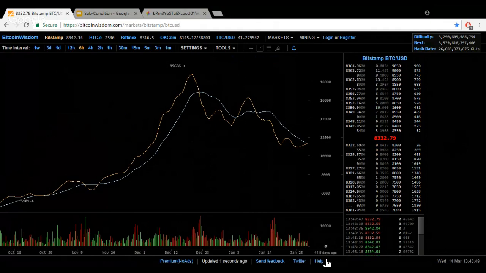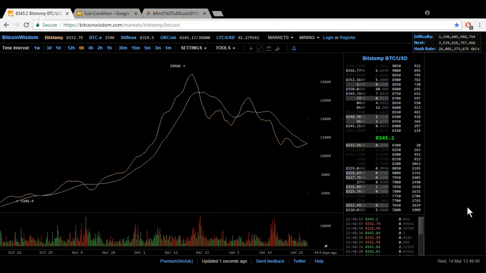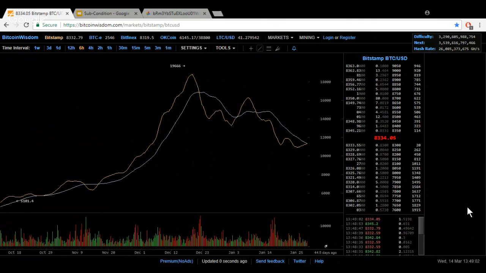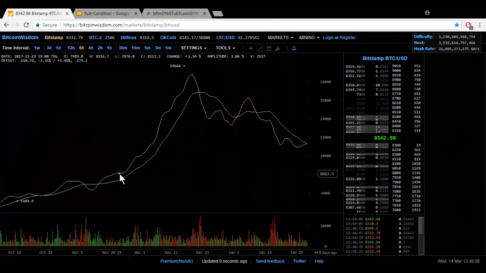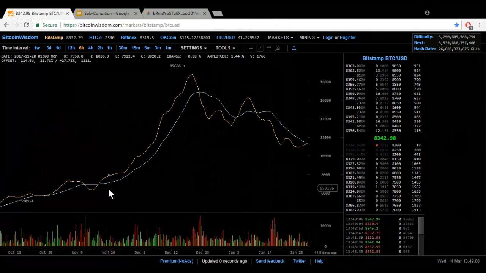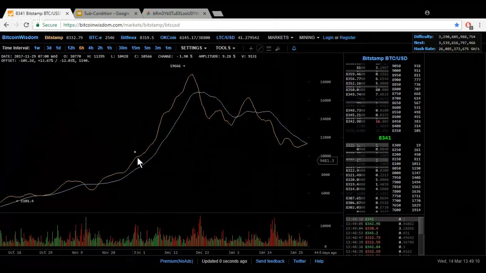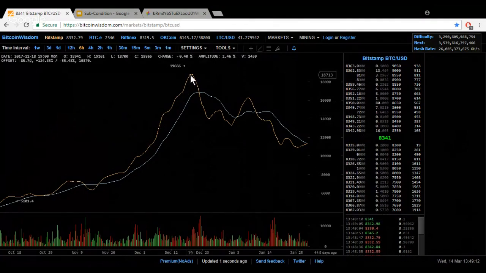So what you are looking at are two wavy lines. They happen to be moving averages of Bitcoin. What you aren't looking at is the price of Bitcoin. You're only looking at two wavy lines. And one of the lines, which is the shorter term one, is 14 days long in terms of the calculation of the moving average.